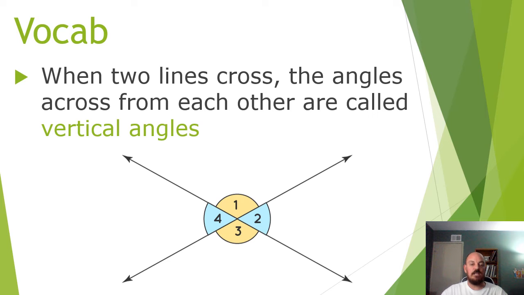So in this picture right here, this is the picture I was describing. You have two lines crossing. The top and bottom angles, which are numbered 1 and 3, the orange ones, those are vertical angles. So are the left and right ones, the blue ones, numbered 2 and 4. So when two lines cross, it makes 4 angles, and it actually makes 2 pairs of vertical angles. Top and bottom are vertical, left and right are vertical.